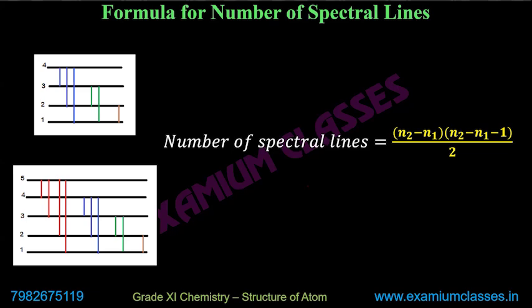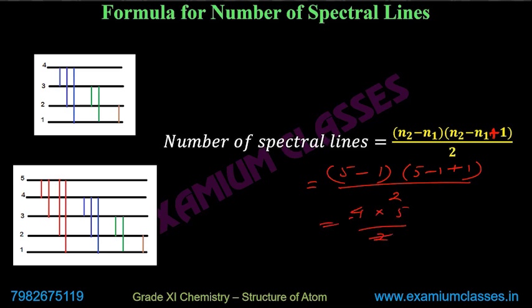So because it is plus 1: n2 minus n1 plus 1. Yes, there is a mistake. So n2 minus n1, then n2 minus n1 plus 1 divided by 2, that is 4 into 5 divided by 2, 2 into 5, that is 10. So here it is plus actually, which is a misprint. And it is applicable for all transitions. You can note down the formula.